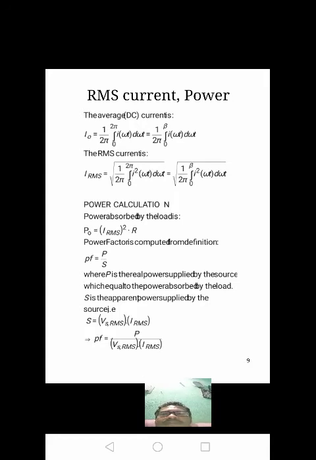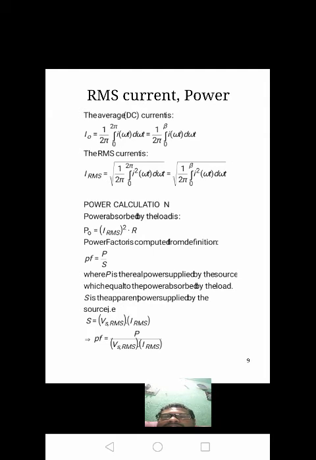Power calculations. Power absorbed by the load is P naught is equal to IRMS squared into R. Power factor is equal to P by S, where P is the real power supplied by the source, which is equal to the power absorbed by the load.